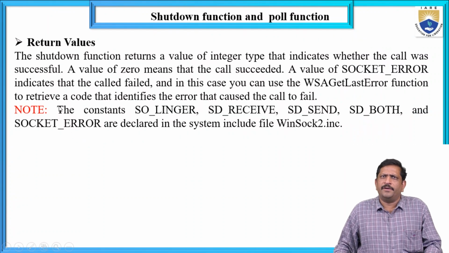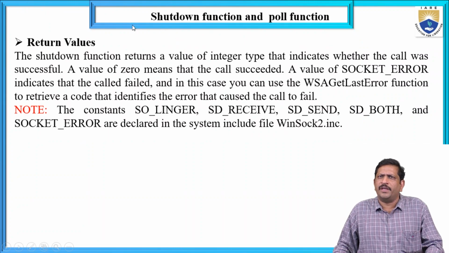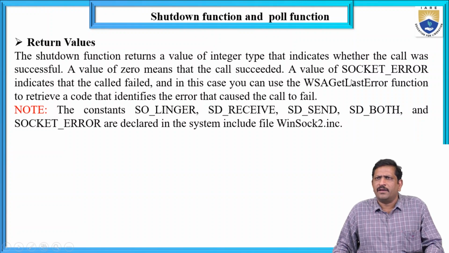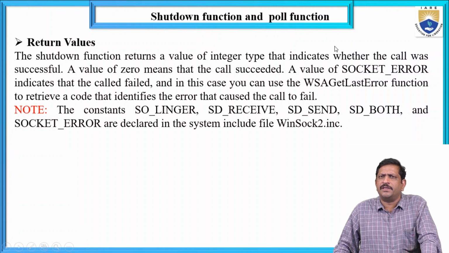And if we take the return values, the shutdown function returns a value of integer type that indicates whether the call was successful. Once the shutdown function is successful, it immediately returns some value.